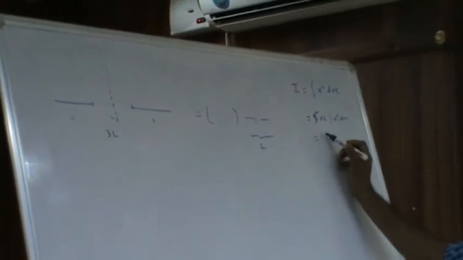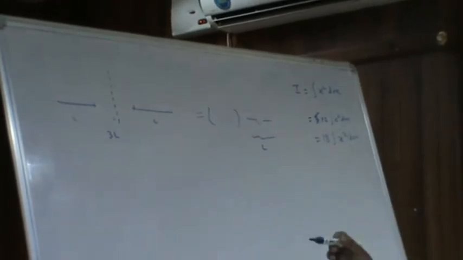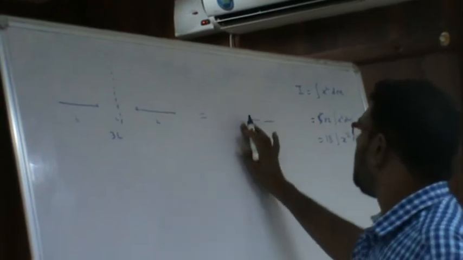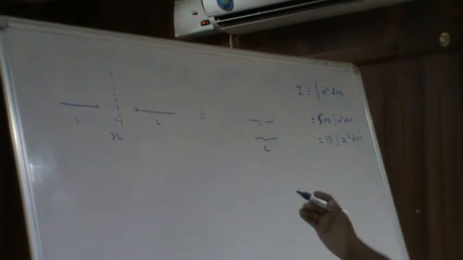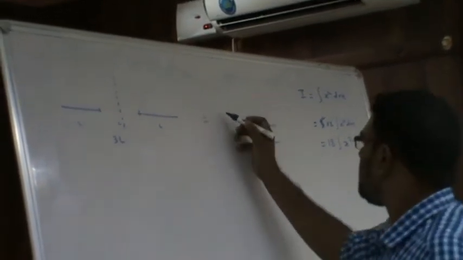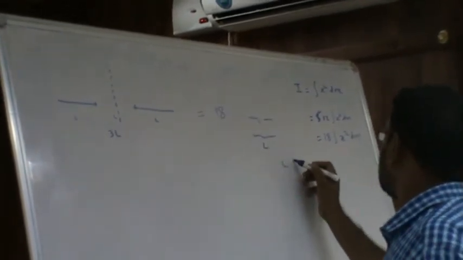So this goes like 18 x square dm. Look at these two problems: similar, but since this is a fractal, it goes like 18 times this. We call this equation 1.